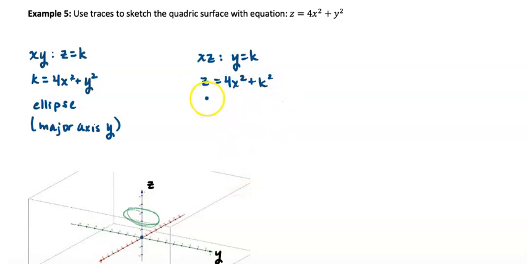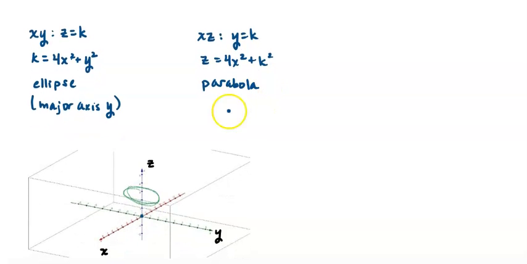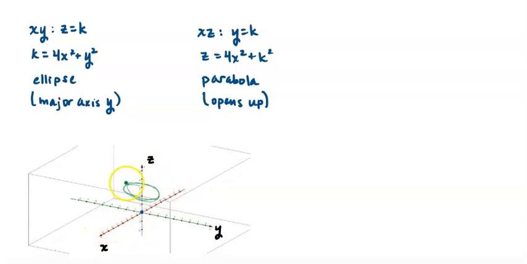Well, this looks a whole lot like a parabola, because we only have one term that is actually squared, because we know that this k is a constant, and this parabola is going to open upward. Or I should say, I could say to the positive z-axis, but well, up is fine. So it's a parabola that opens upward on the xz plane. So it can look something like this.